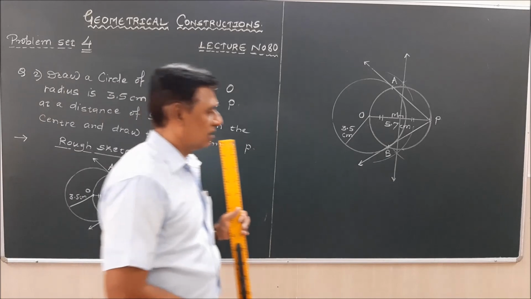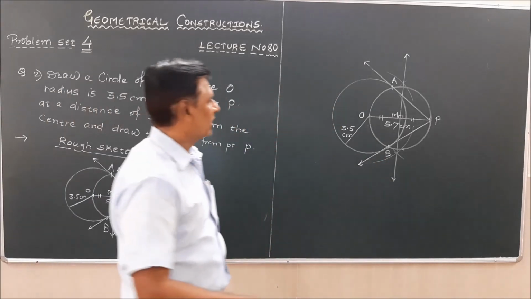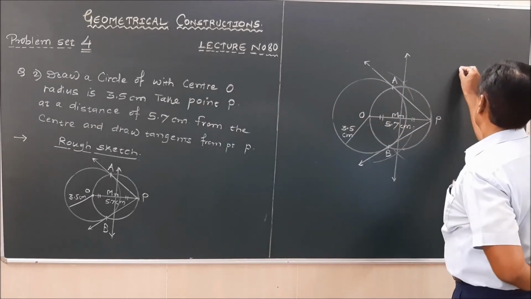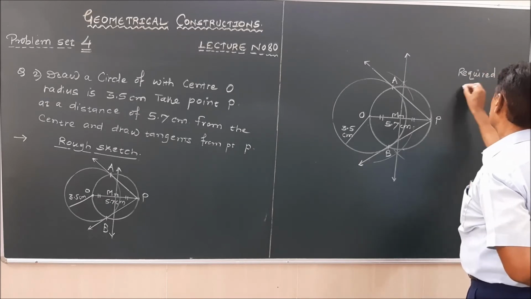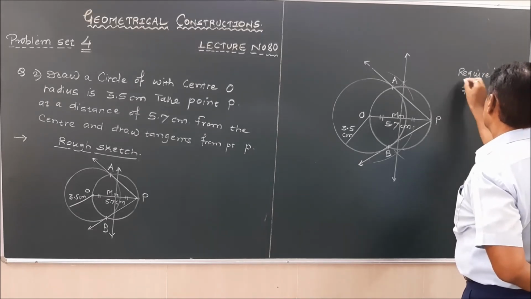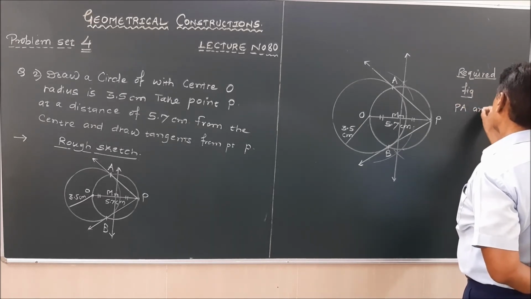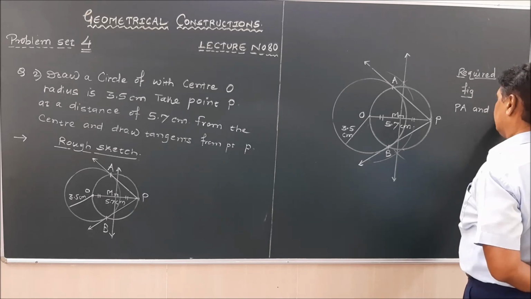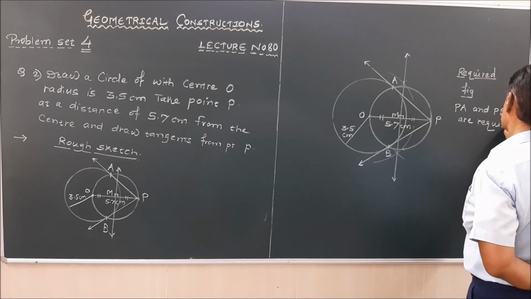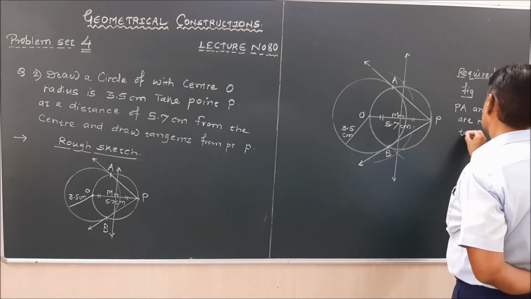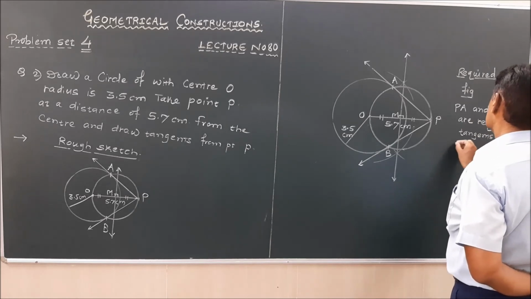So this is the required figure. PA and PB are the required tangents to the circle.